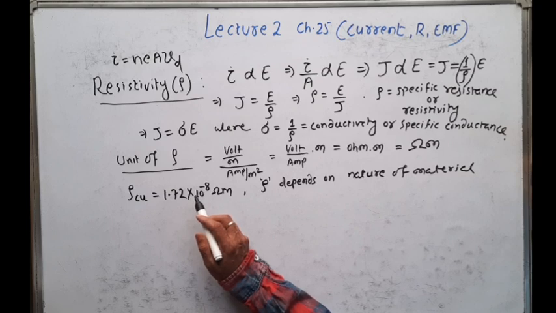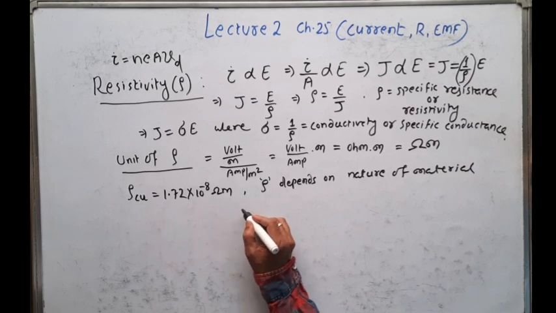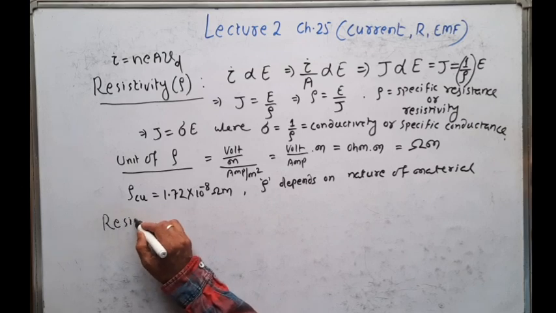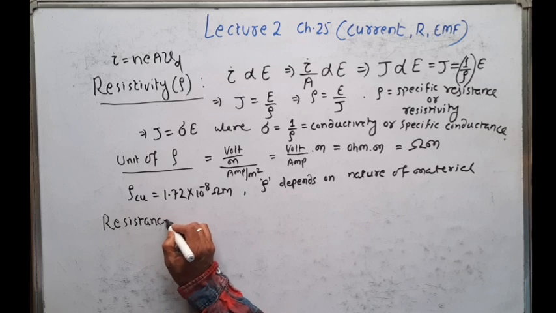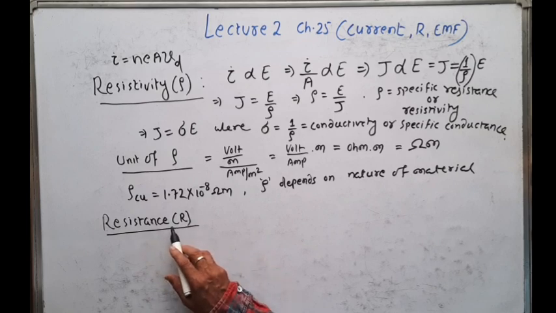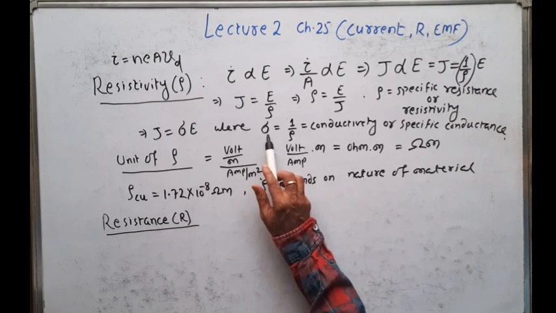Okay. So now we will discuss what is resistance. Resistance symbol is R. So what is resistance? Before that, you find what is the unit of sigma.